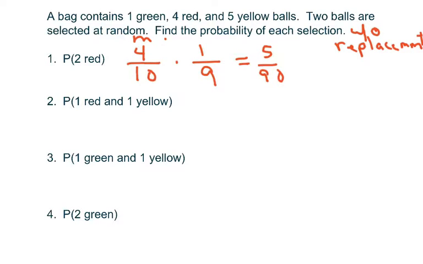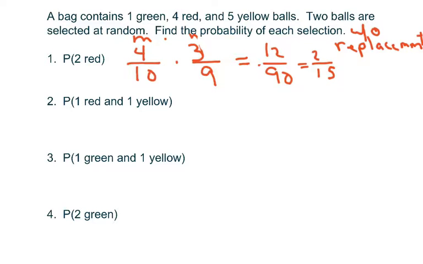So this would be 12 over 90, and you can reduce that to 2 over 15. Sorry, I made a mistake earlier, because there's 4 red. So it's 2 over 15. Okay? So this was M ways times N ways. Notice we're still using the counting principle.